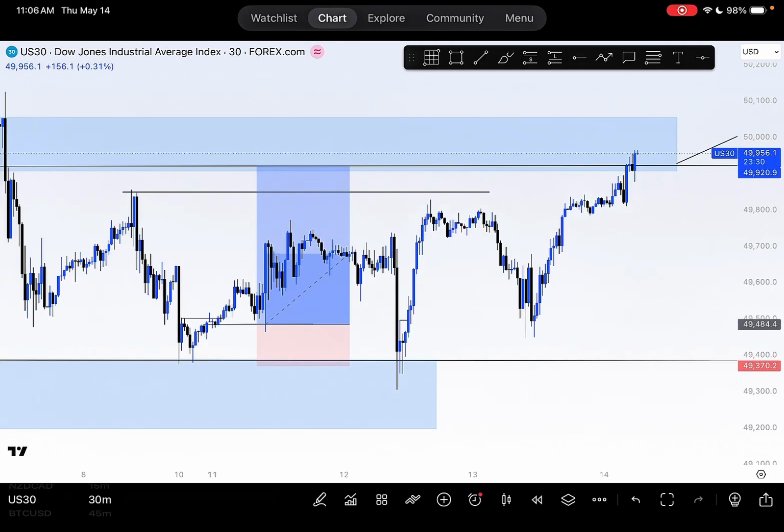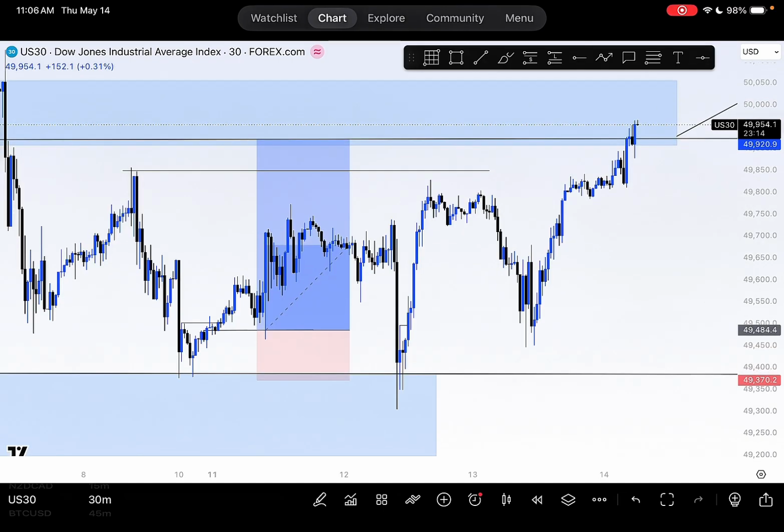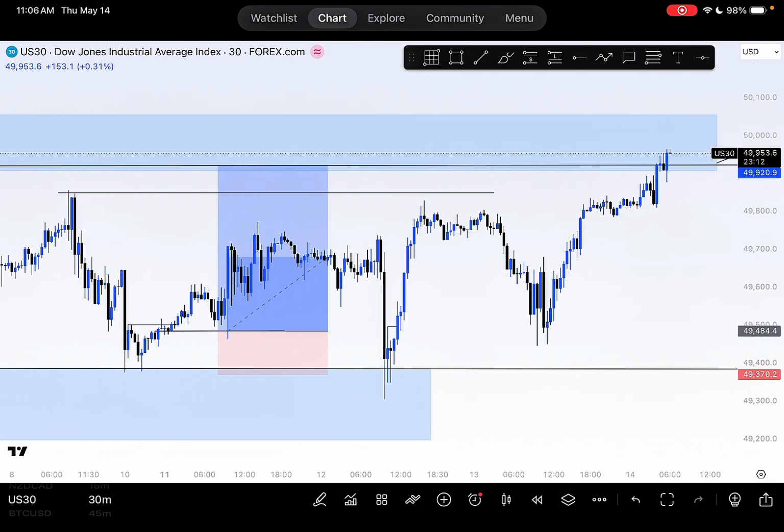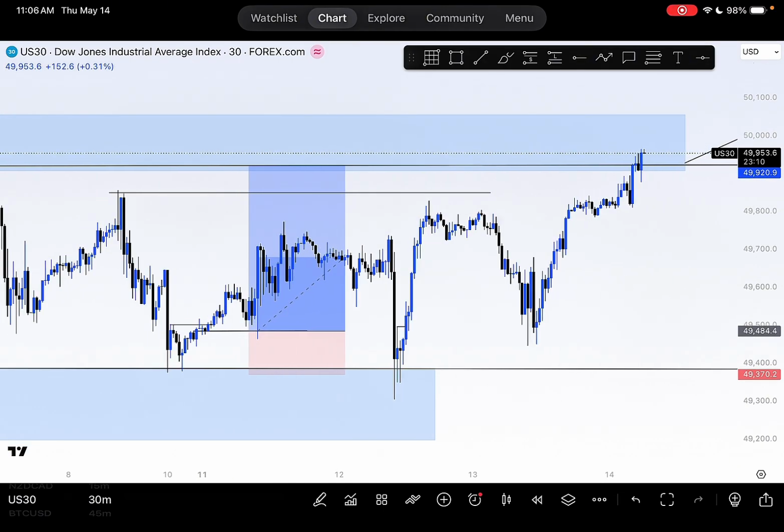Mind you, my entry for a 4-hour key zone is either the 15 minutes or the 30 minutes. We can clearly see that this first one was clear on the 30 minutes, but this other one is not clear on the 30 minutes, so we'll have to go down to 15 minutes to see what's happening.